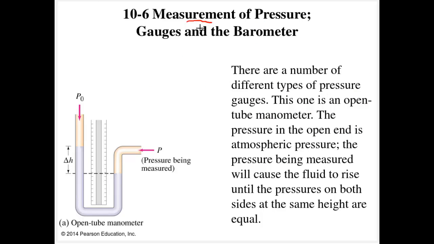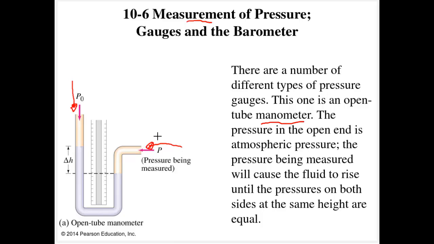So how do we measure pressure? Well, there are a lot of types of pressure gauges. The most simple is going to be this open tube manometer. It's a measurement of manlyhood. Kidding. This is simply an open tube where we have atmospheric pressure pressing down on one side, and on the other side we apply a pressure to it.